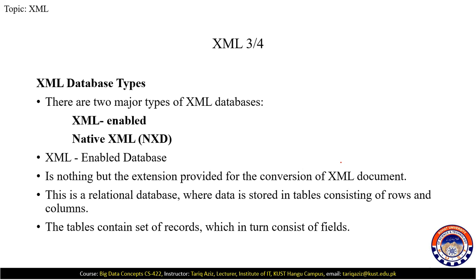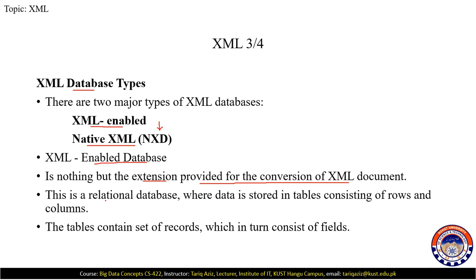Now, dear students, there are two types of XML database. One of them is known as the XML enabled database, while the other one is known as the native XML database, or shortly NXD. So what is the XML enabled database? It is an extension provided for the conversion of XML documents.